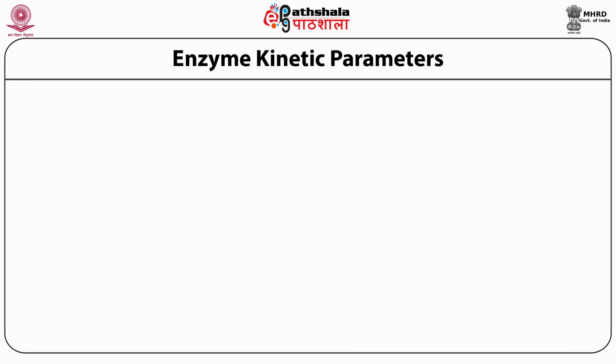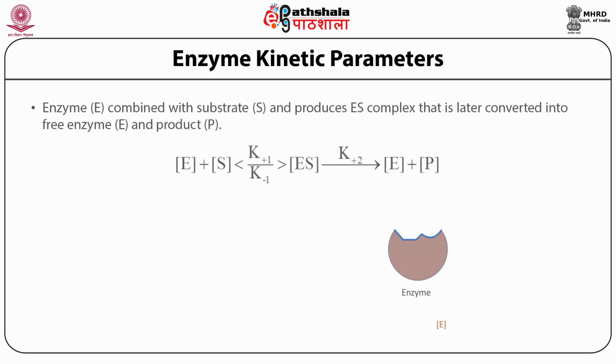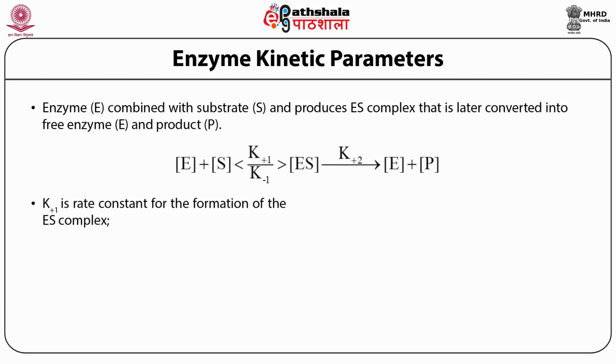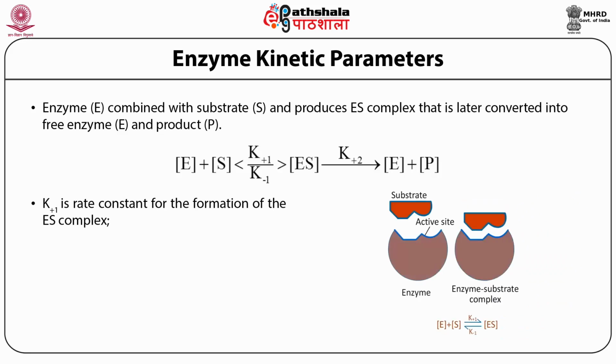Before going into the details of enzyme kinetic parameters, I would like to give you a brief introduction to how product formation takes place from the substrate. The enzyme combines with the substrate with the rate constant K plus 1, leading to the production of the ES complex.